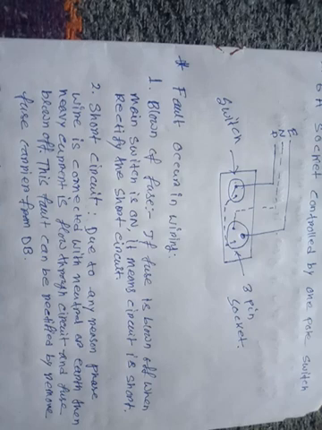Second is short circuit. Due to any reason, when the phase wire is connected to the neutral or earth, or the neutral is connected to the earth, a short circuit occurs. When a short circuit occurs, the current flows very high through the circuit, and the fuse will blow up or melt.